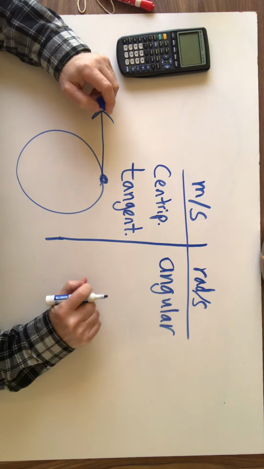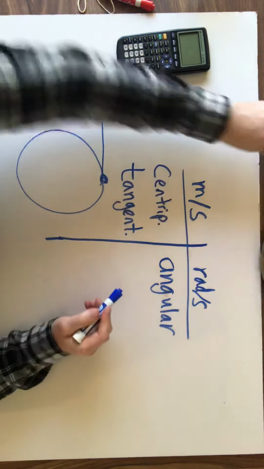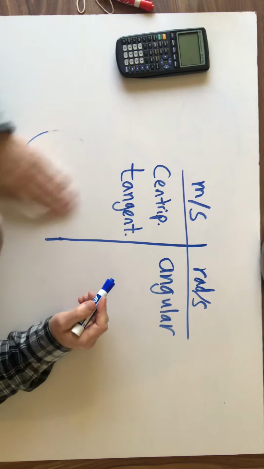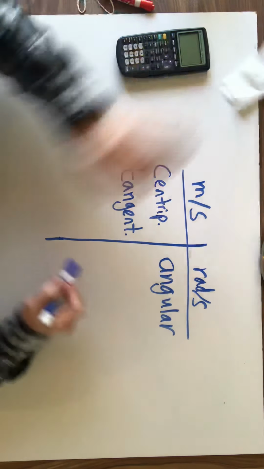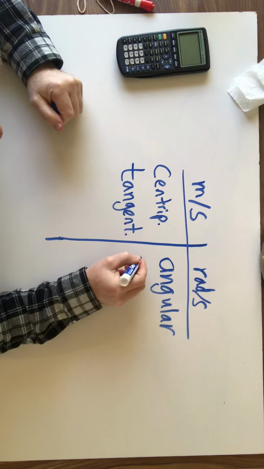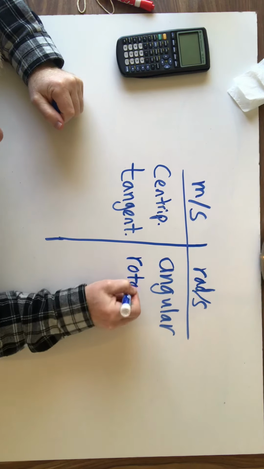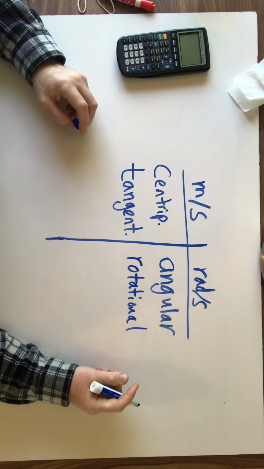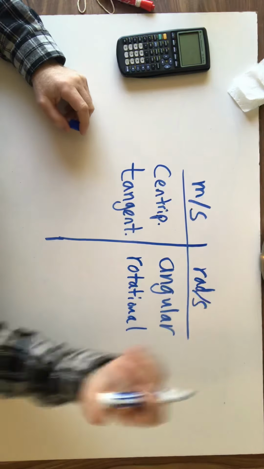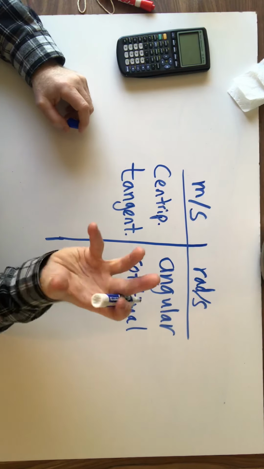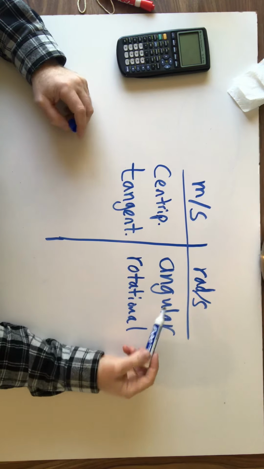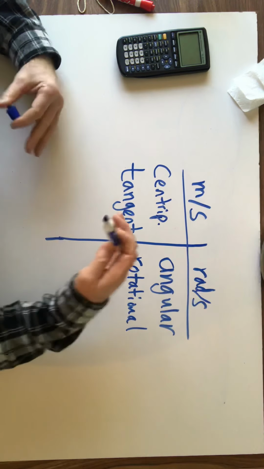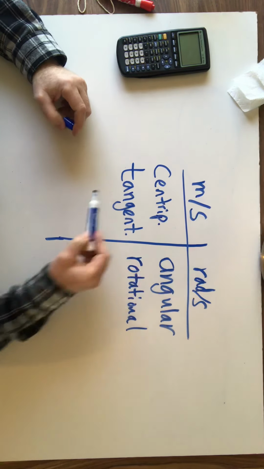Also rotational. If you see the word rotational velocity, that means you've got to use radians per second, because something rotating upon its axis, we talk about it going around a certain amount of angles, it's radians per second.